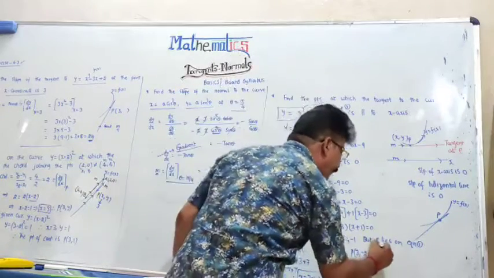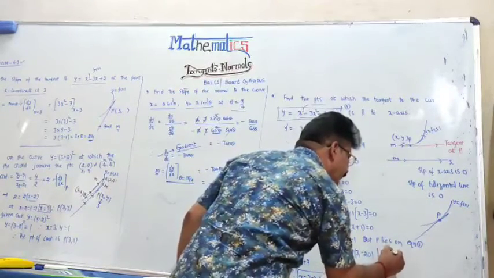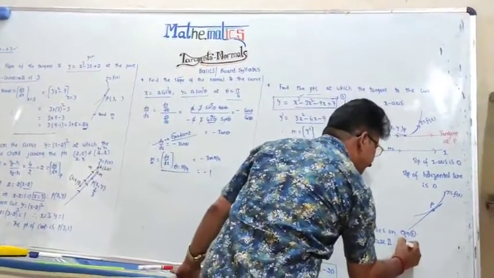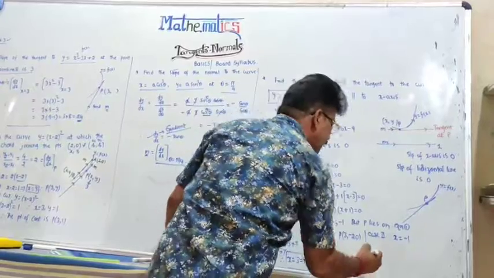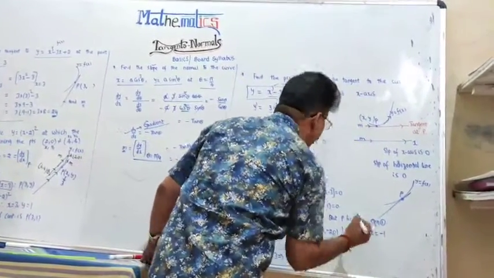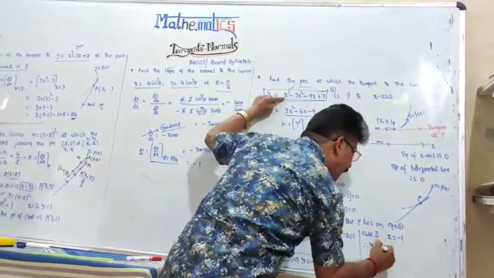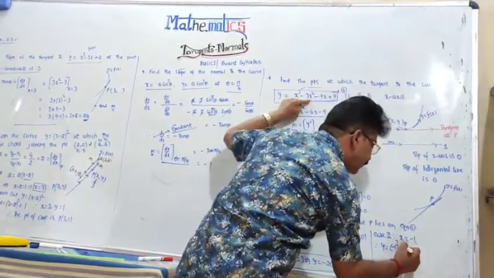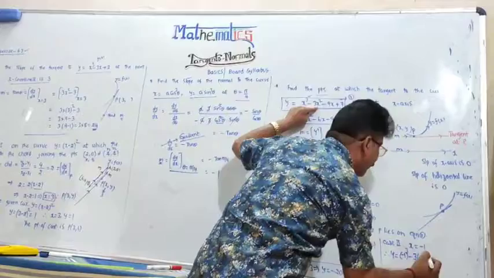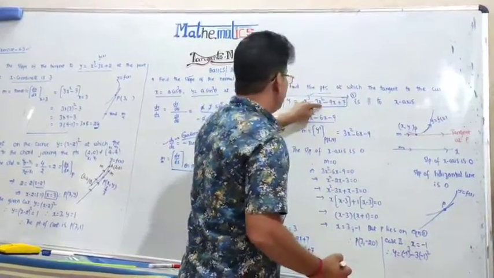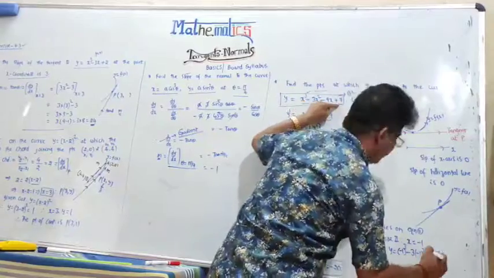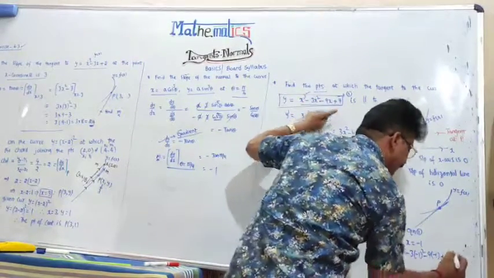Let us do case 2. Case 2: x equal to minus 1. So then y is equal to x cubed, so minus 1 whole cubed minus 3 into minus 1 whole square minus 9 into minus 1 plus 7.